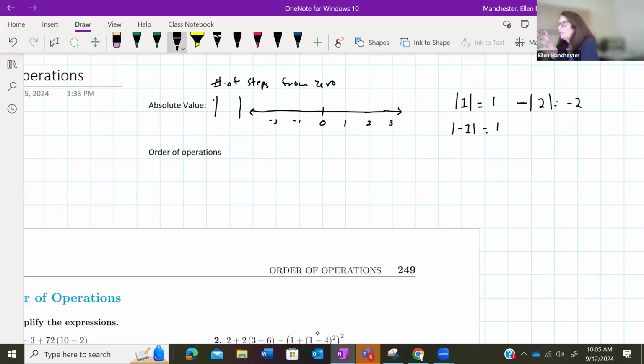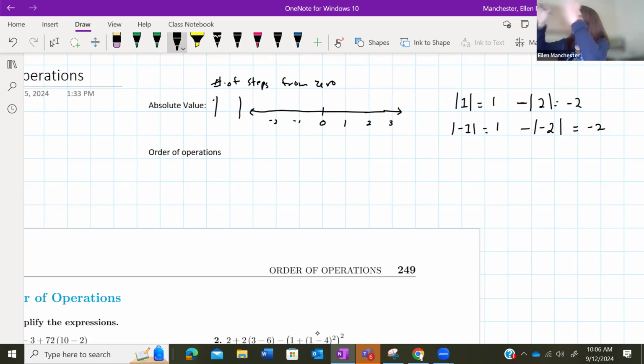So be careful, because when I say absolute value is always positive, that is a true statement. But if there's a negative sitting in front of it, then it changes the sign, because it's asking for the opposite of it. So if I had the opposite of the absolute value of -2? Well, the absolute value of -2 is 2, but I want the opposite of that, so it's -2. Okay, does that make sense?